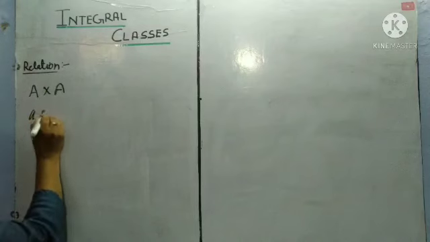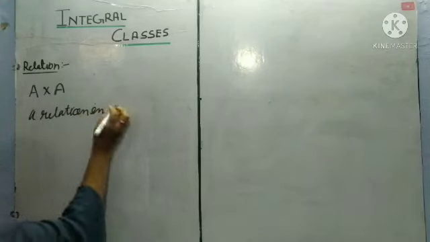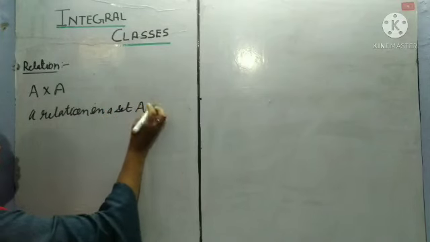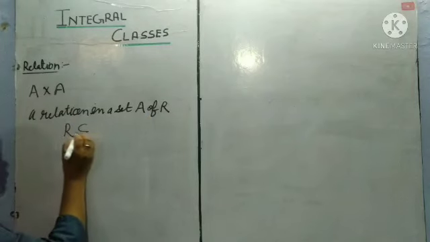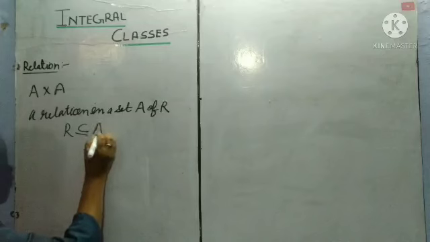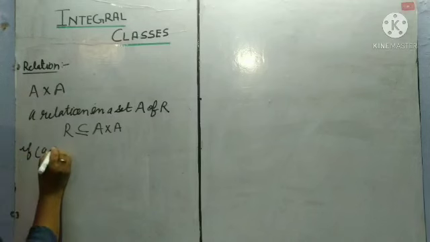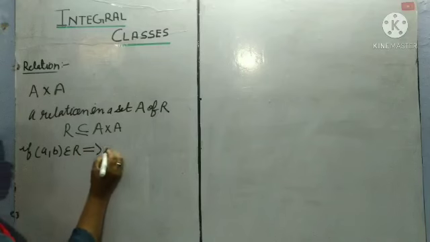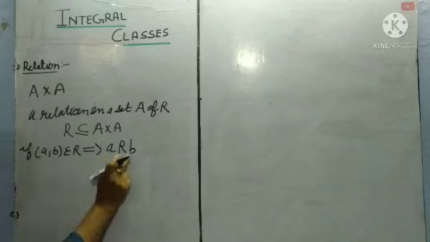So a relation in a set A, R is always a subset of A into A. Student, if we have given (a, b) element of R, it implies that a is related to b, or a R b.